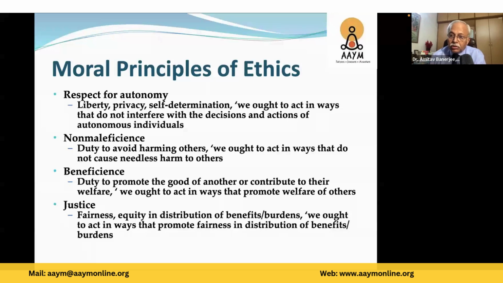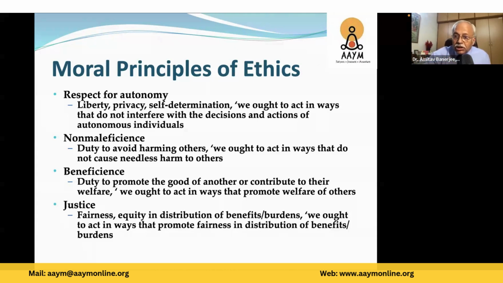So we have to weigh that, explain to the patient that this is the harm, this is the benefit, and let the participant take the call. That is the autonomy. So all these principles interact seamlessly with each other, nothing in isolation. Beneficence and maleficence have to be explained and autonomy has to be ensured.